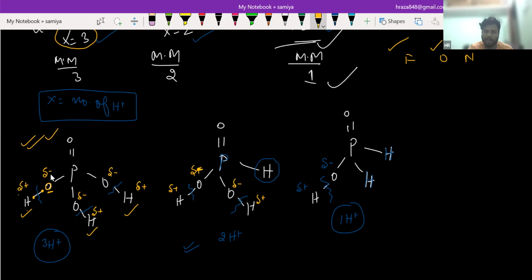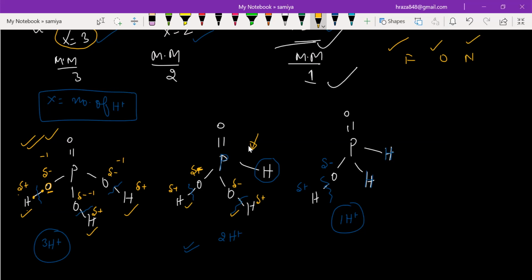Here these two hydrogens will give 2H plus, and this bond will not be broken because there is not much electronegativity difference. This bond is not much polar. Is that clear, Samia? Yes, sir.